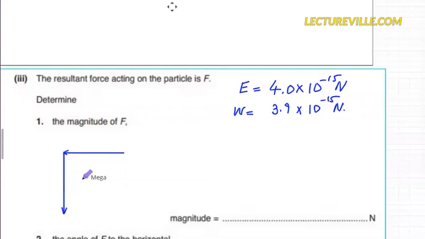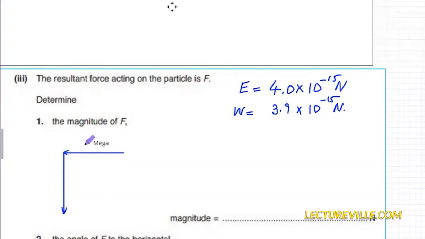Now, this sideways force is, sorry, my bad, it is 4.0 into 10 to the power minus 15, and downward force is 3.9 into 10 to the power minus 15.